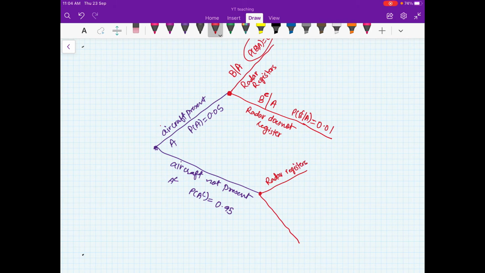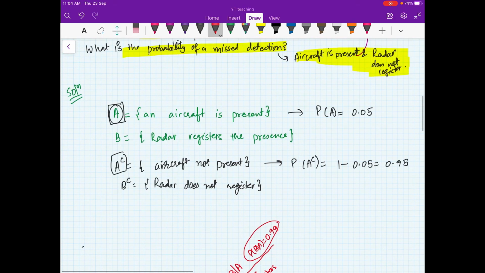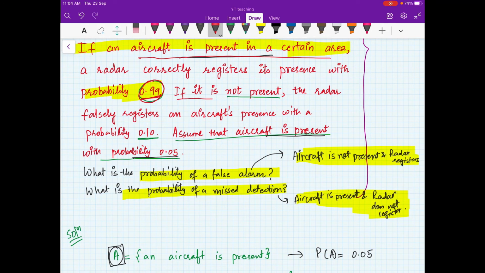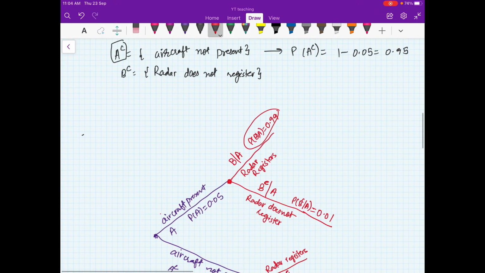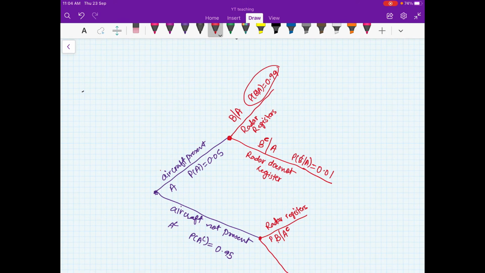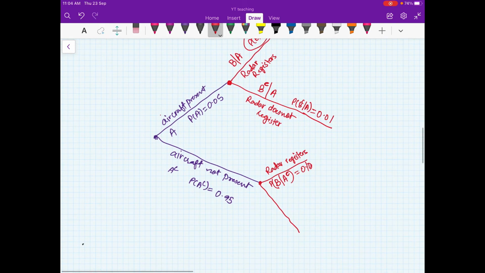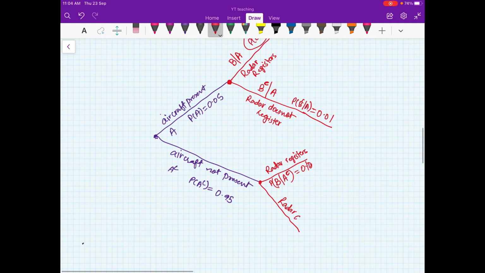So this event is that B is there when A is not there, and given that if aircraft is not present, the radar falsely registers its presence with a probability of 0.10. So it means that probability of B given A complement is 0.10, and then here radar does not register. So this event here is B complement given A complement, and because its sum has to be 1, its probability is 0.90.